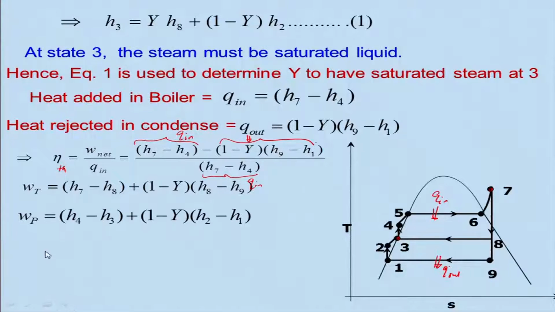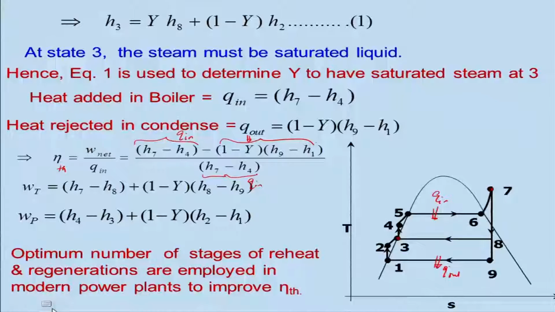And of course, the pump also needs extra work as compared to the simple cycle: H4 minus H3 is the extra work you are giving, and also 1 minus Y times H2 minus H1, right. This is also additional work, so the net work output also will be reduced to some extent.